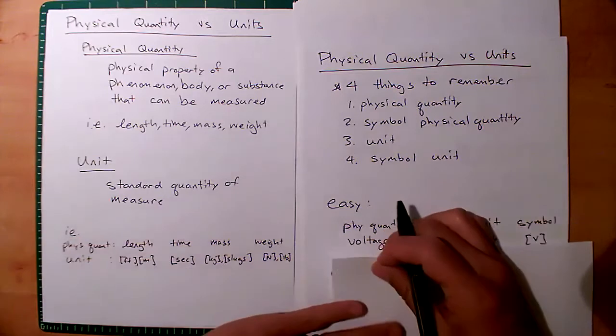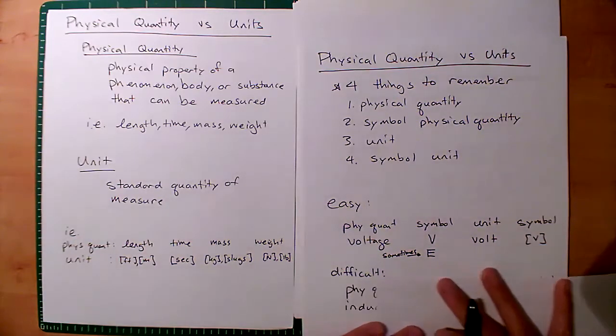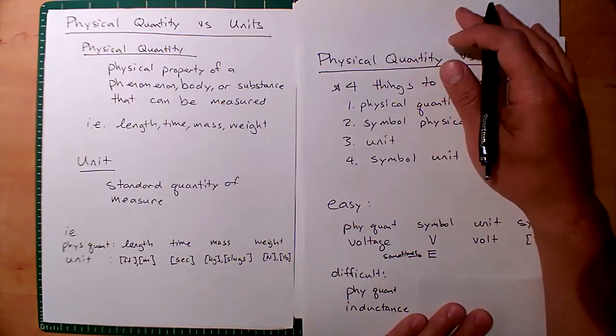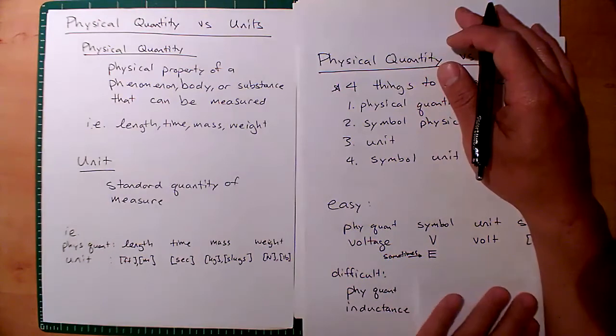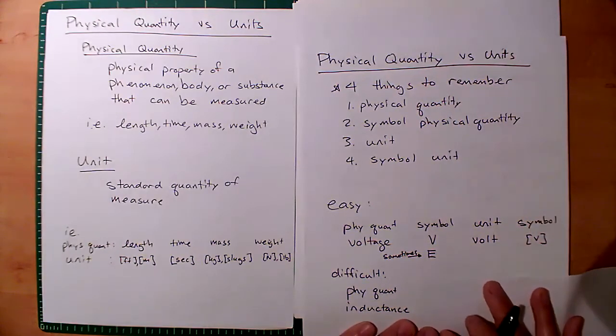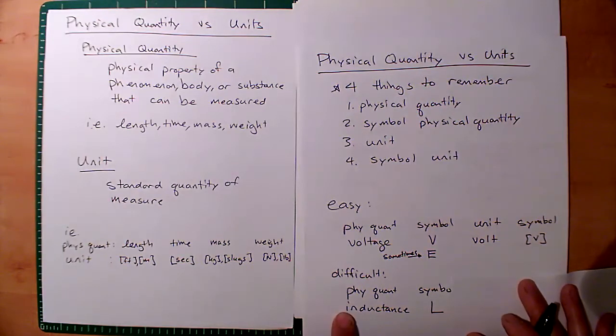Okay, let's do a more difficult one. A more difficult one might be inductance, and we'll see this later on in the middle of the class. Again, you should have seen inductance in physics, but the symbol for inductance is not I, it's L. We've already used I for current, as you'll see later.